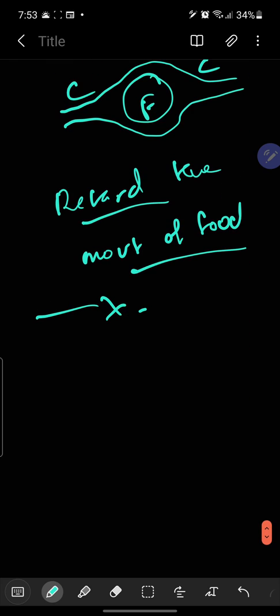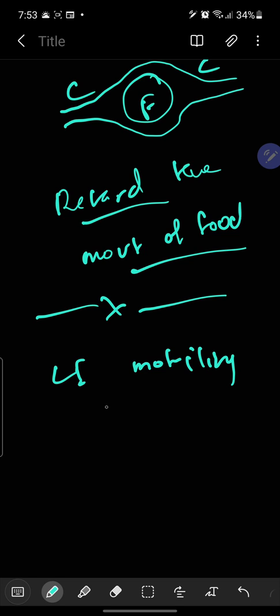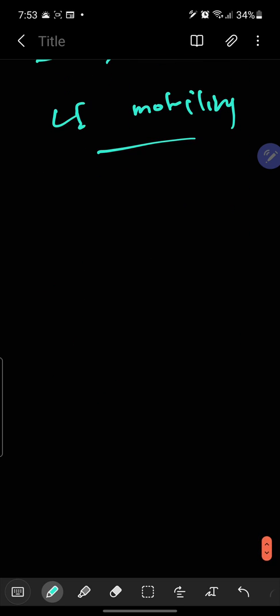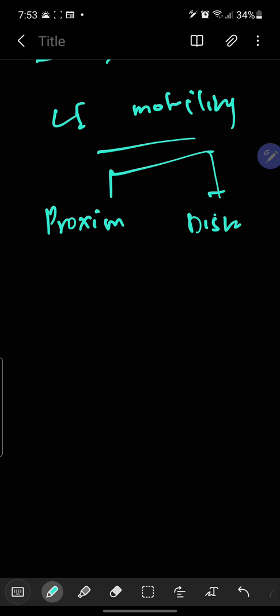Next, coming on to large intestinal motility. We can divide it into proximal and distal colon.